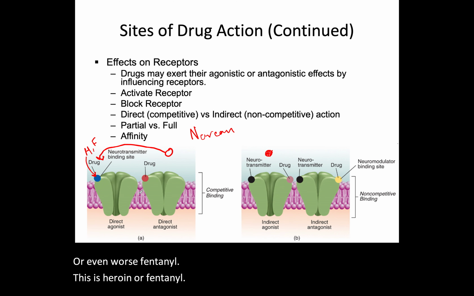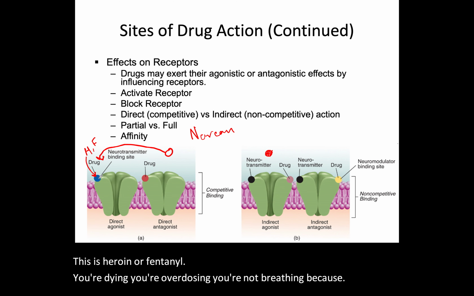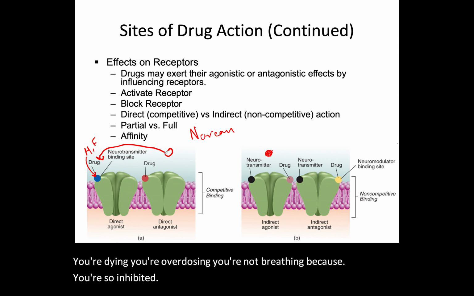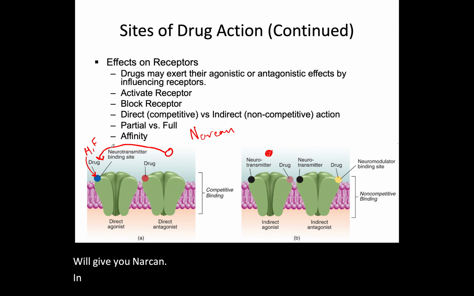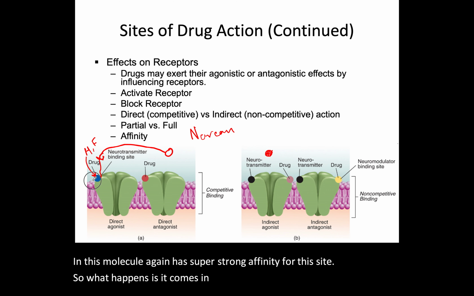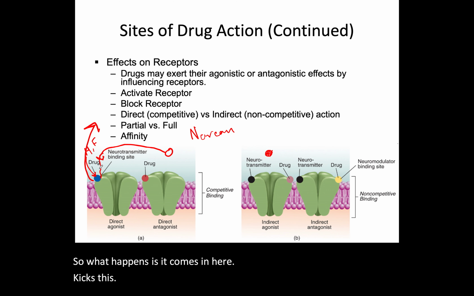You're dying, you're overdosing, you're not breathing because you're so inhibited. We gave you Narcan, and this molecule again has super strong affinity for this site. So what happens is it comes in here, kicks this fentanyl molecule out, and sits in its spot. But the naloxone molecule doesn't activate, it actually shuts it down.